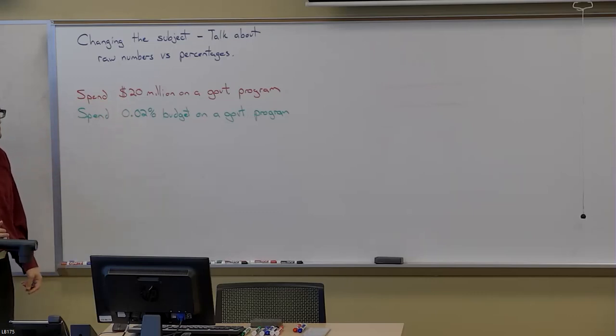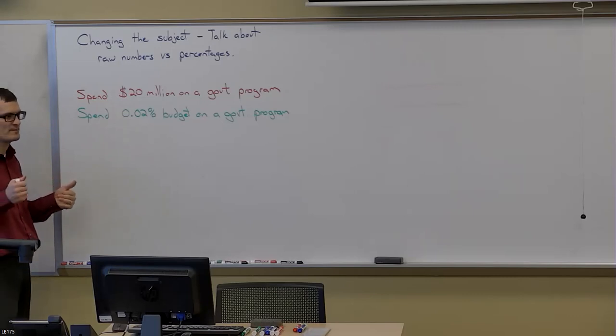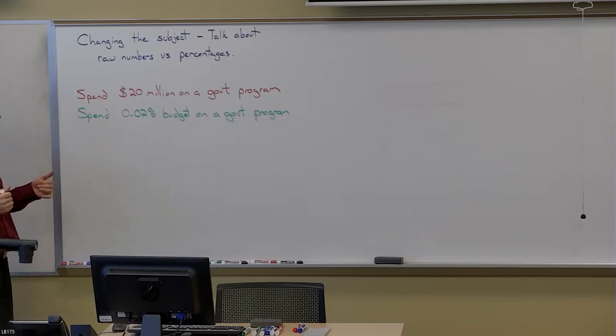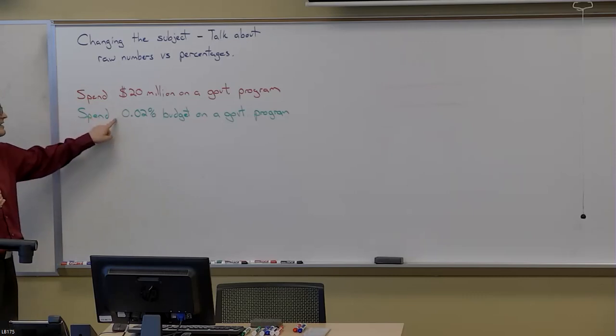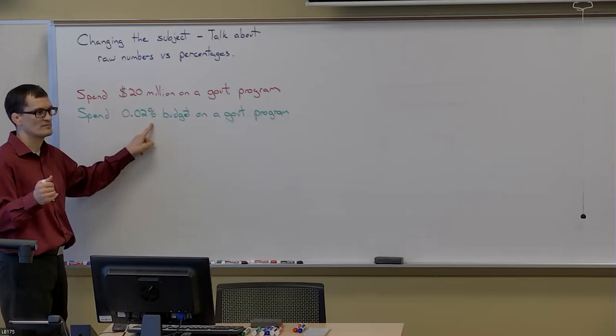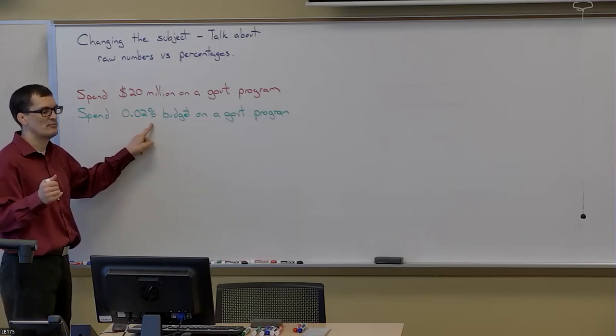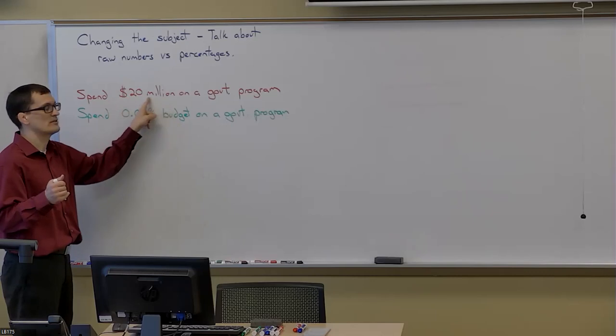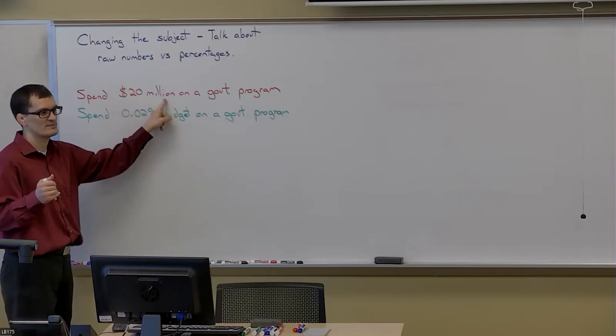Does that make sense? A lot of these government agencies have gigantic budgets, okay? Compared to an individual budget, compared to somebody like me, right? And if you want a number to sound smaller, in this case, you use the percentage. If you want that number to sound bigger, you probably use the raw number in this case.